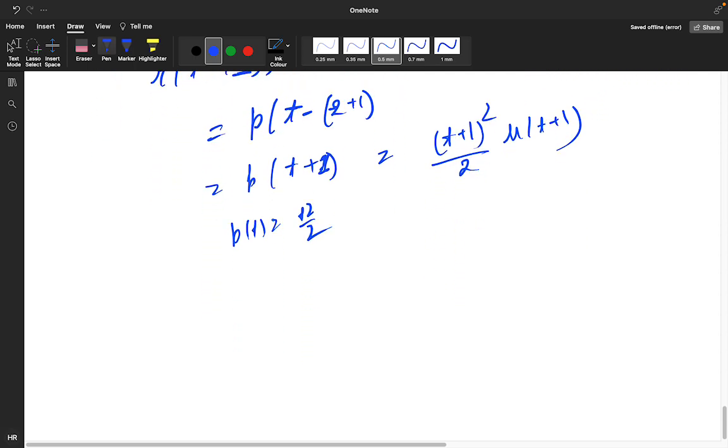Time delay we did. The 8th property is the time scaling property.